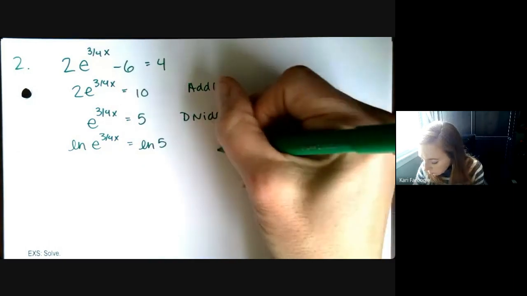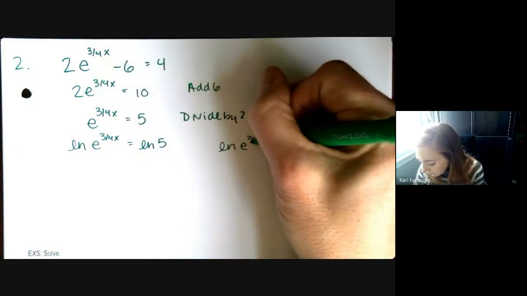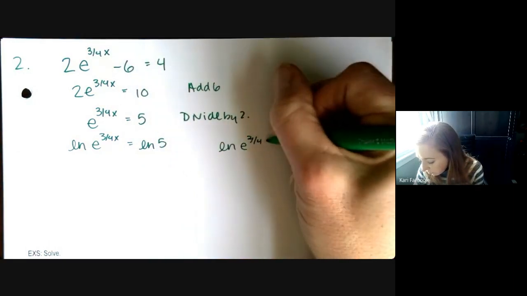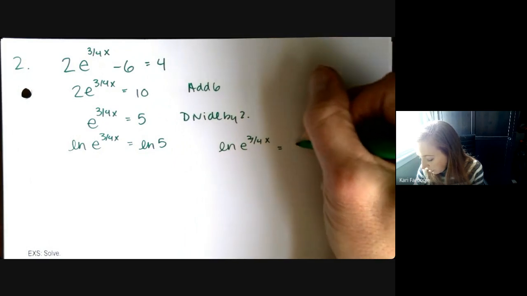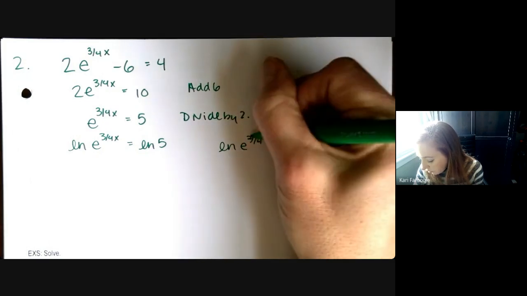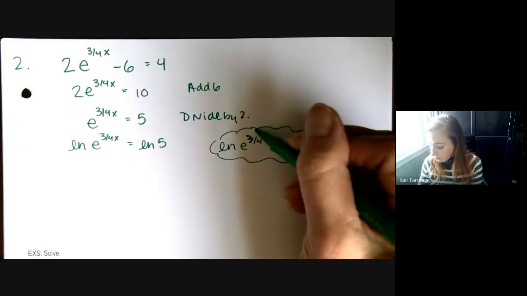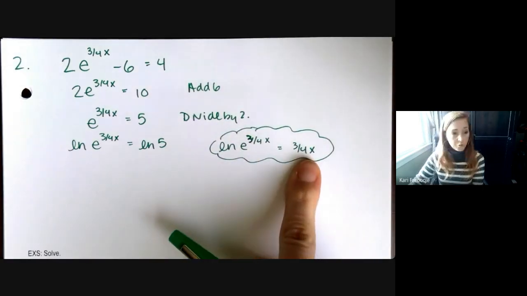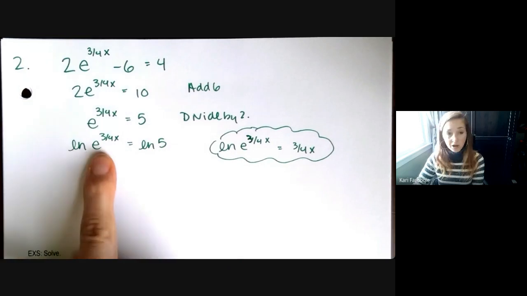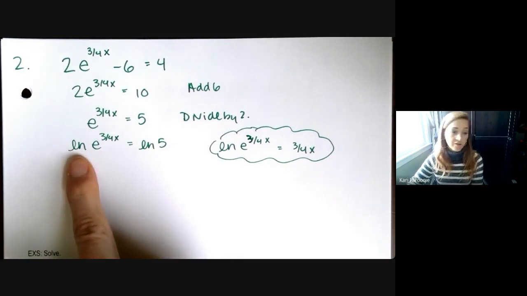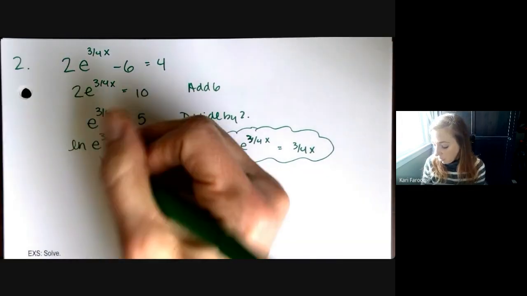So the natural log of e, just writing this off to the side, to the 3/4 x is 3/4 x. Okay, so we're going to use this property now because we had a base of e and we use the natural log to simplify. Now we can use that property.